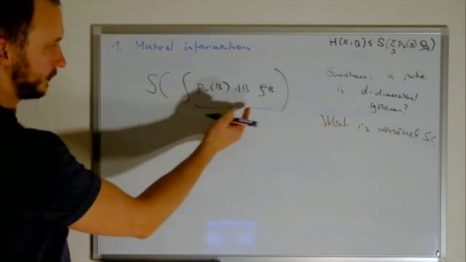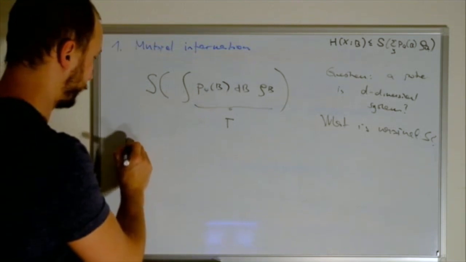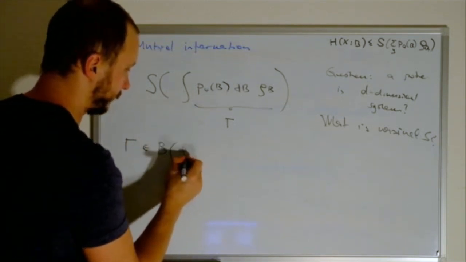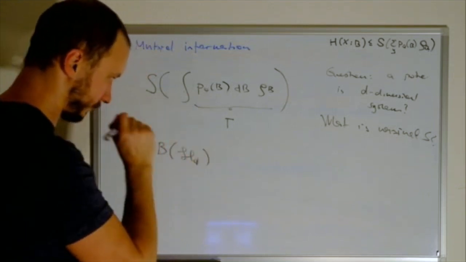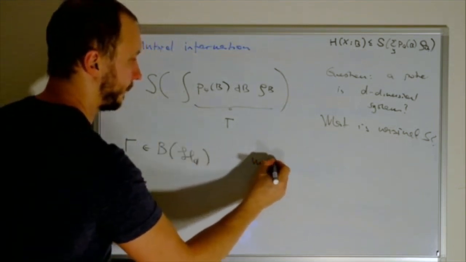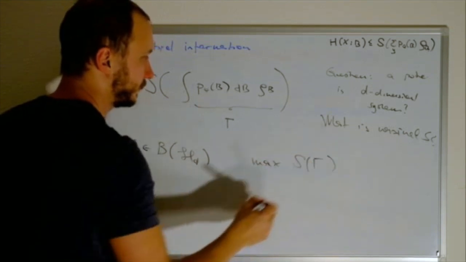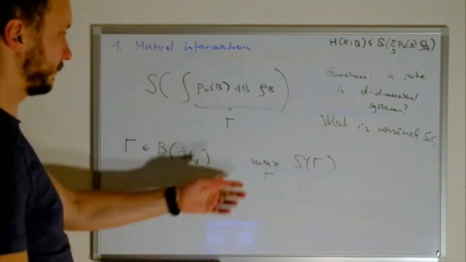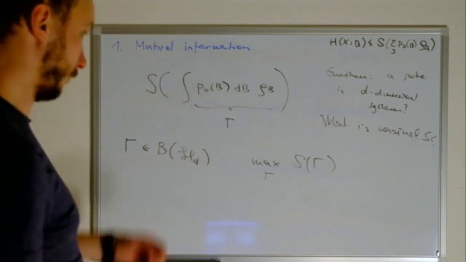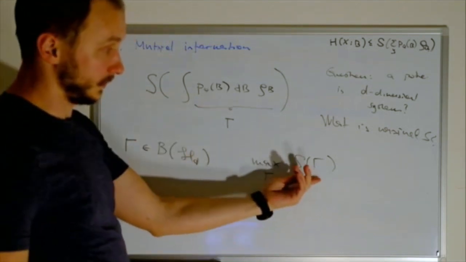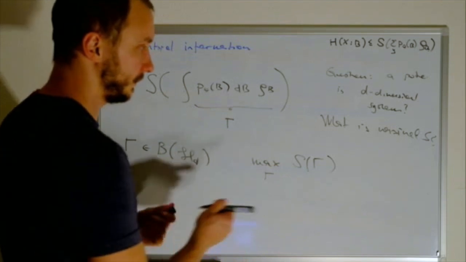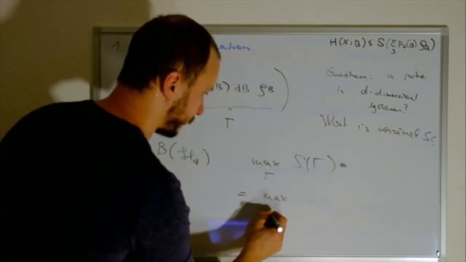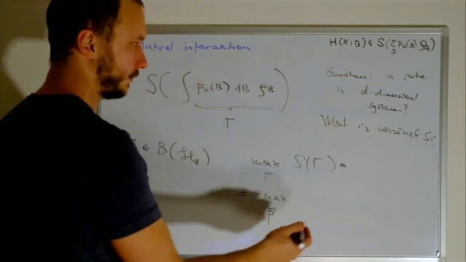In other words, it's simple because this object is just a state, so we have a density matrix gamma, which is a bounded operator on this Hilbert space of dimension d. So the question is, what is the maximal S of gamma we can get, for all possible gammas? We know the entropy of this is just the Shannon entropy of the probability distribution on the diagonal.